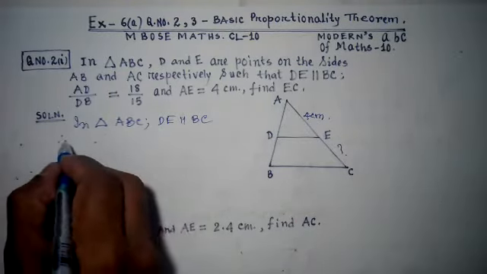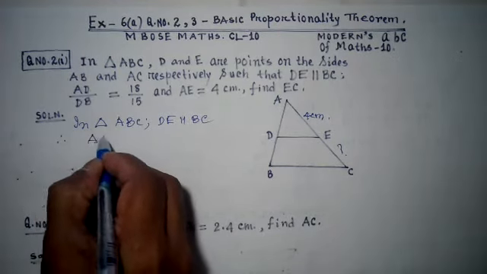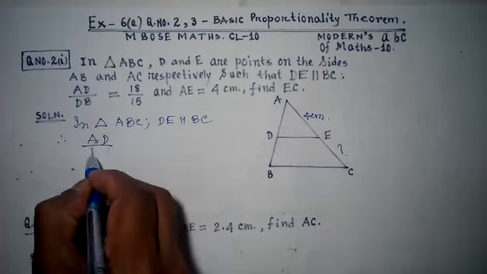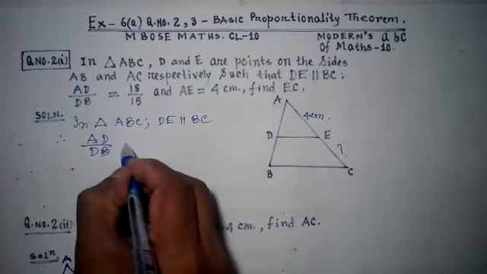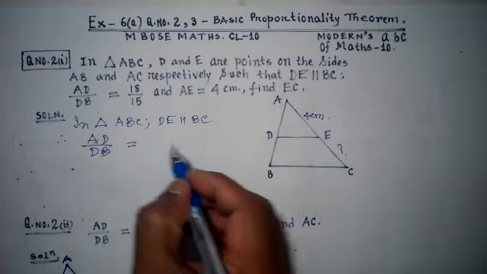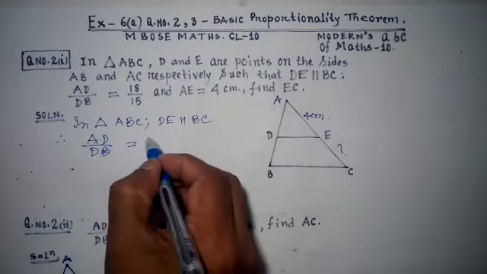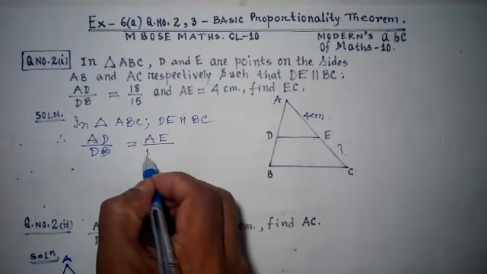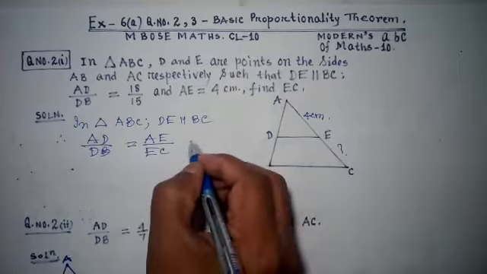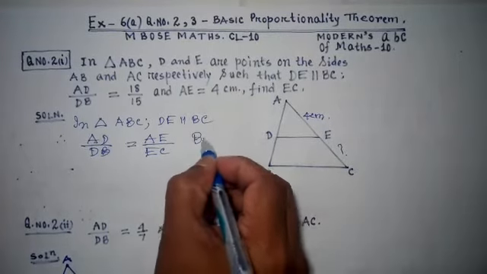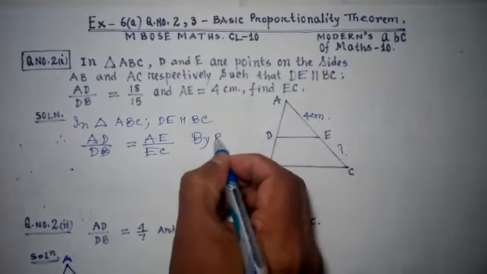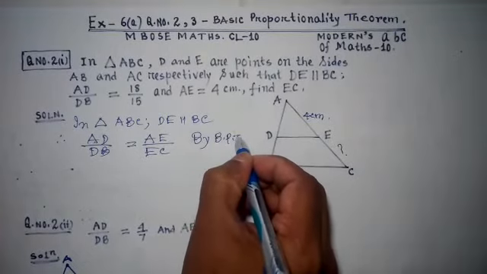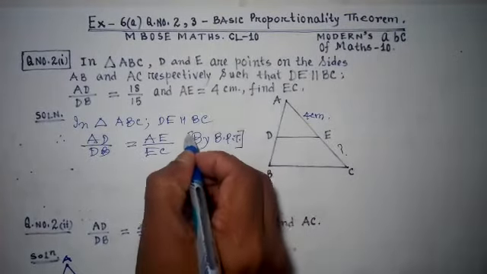So we can write, therefore AD by DB is equal to AE by EC, from basic proportionality theorem. So we write by BPT, basic proportionality theorem.